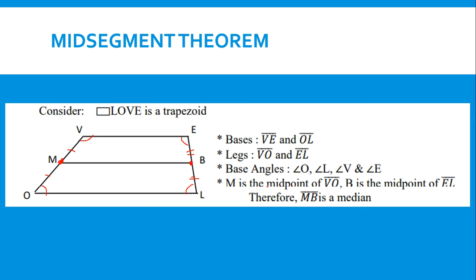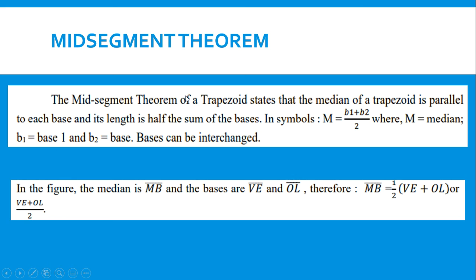Therefore, if na form nga duha ka midpoints, it also forms the median or the midsegment. Therefore, line segment MB is a median. The midsegment theorem of a trapezoid states that the median of a trapezoid is parallel to each base.